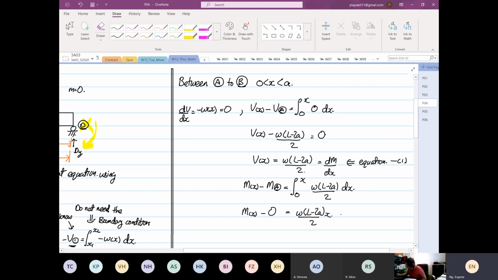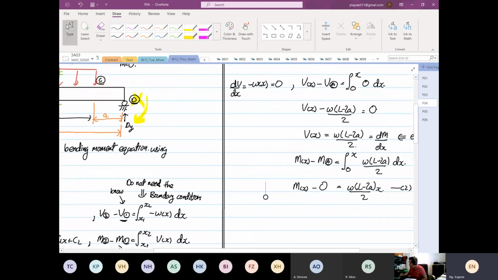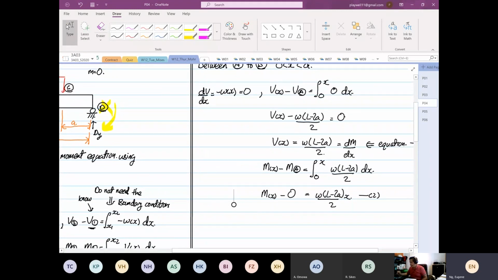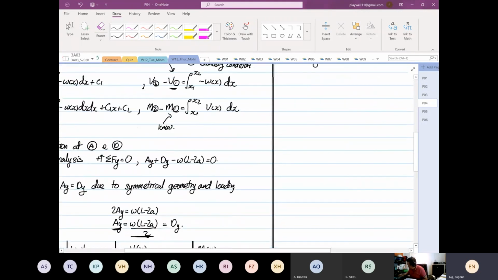This is your equation number 2. There is still no distributed load. So this method is still possible to use when you have no distributed load; you can still use the same approach.